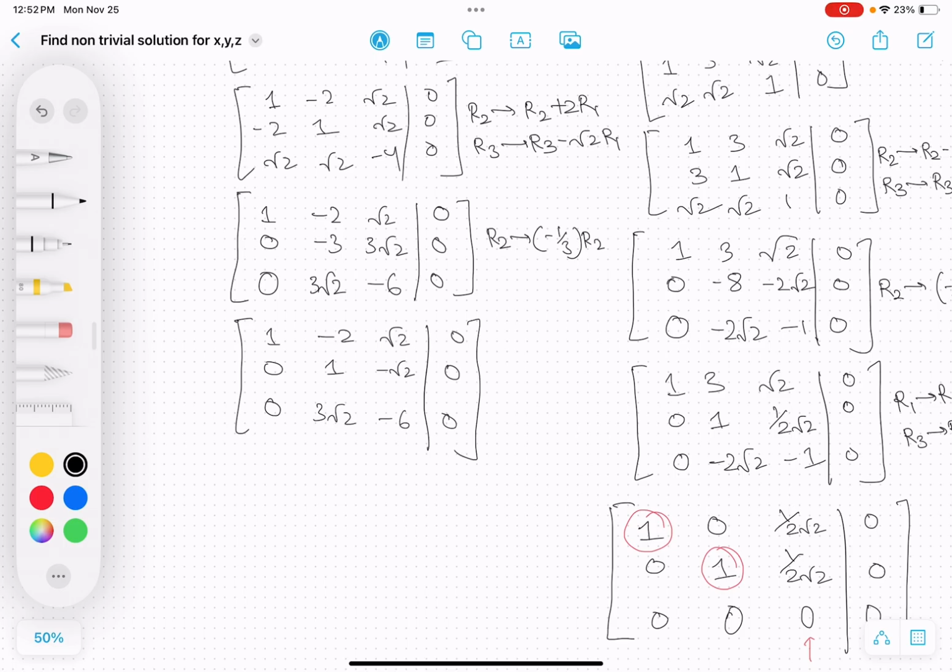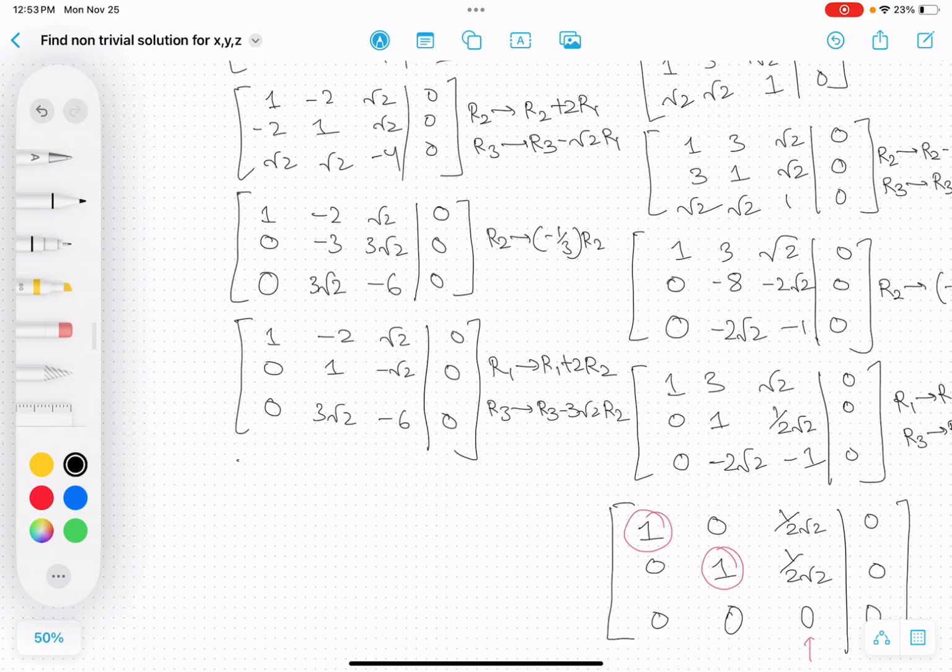I want to make these two things 0, so row 1 to be equals to row 1 plus 2 times row 2, and row 3 to be equals to row 3 minus 3 row 2, right?